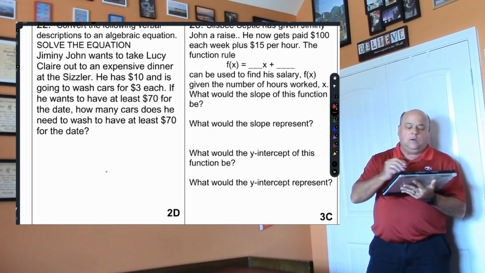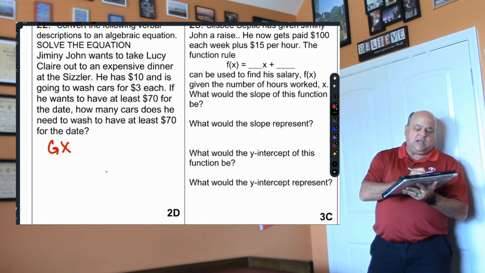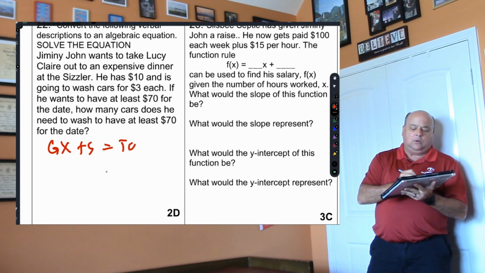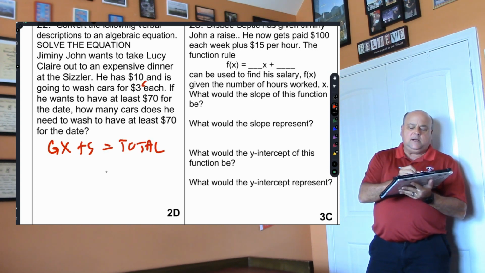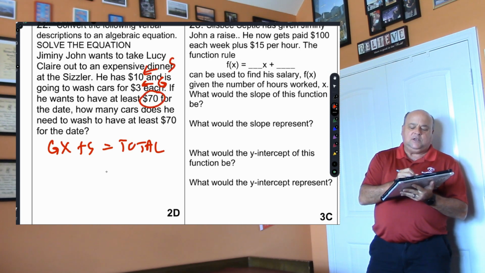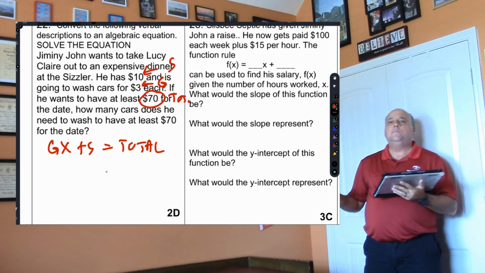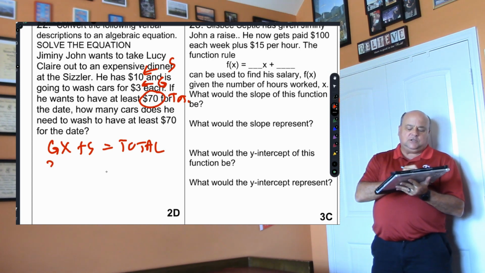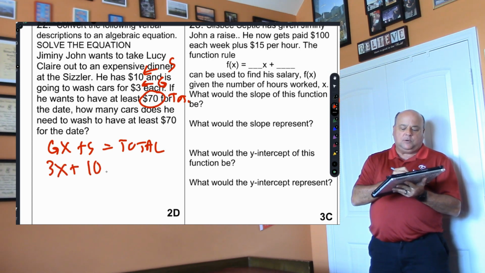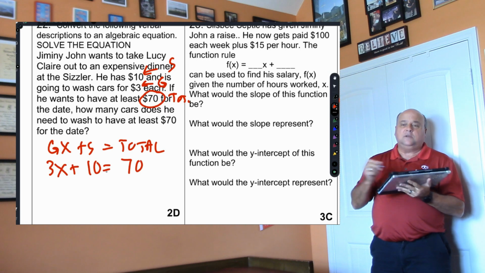So notice, we're going to use gx plus s equals total. So our growing number is going to be 3. Our starting number is 10. And this right here is going to be our total. So 3x, our starting number is 10, and we got to get a total of 70.